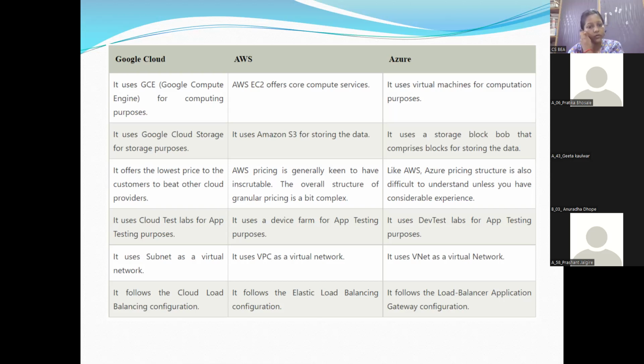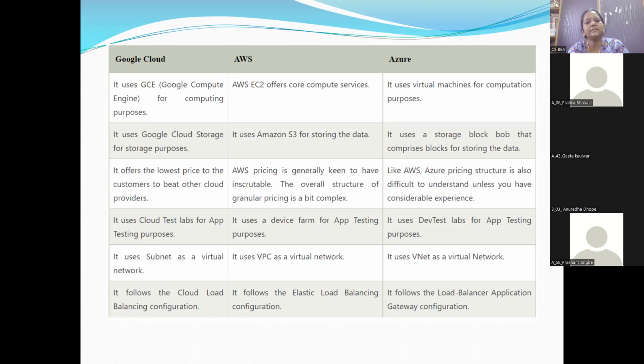Again, Google Cloud offers the lowest price to customers to beat other cloud providers. As we know, Google is on top and provides all the facilities to us, so many users are turning towards Google Cloud, because it offers lower prices.